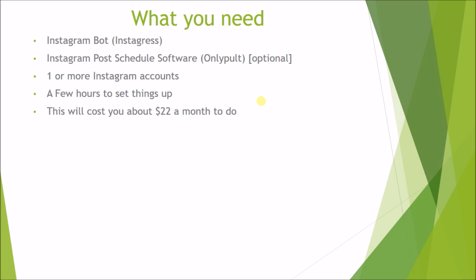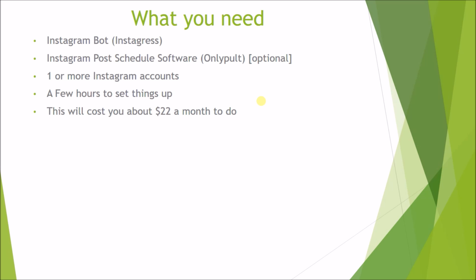So what you're going to need is an Instagram bot, which is Instagress is the one that I'm going to suggest you use, and I'll show you that later. And then you're going to need an Instagram post schedule software, and Onlypult is the one I'm going to recommend, but this is optional, but I do recommend using this because this is what makes the process automated.